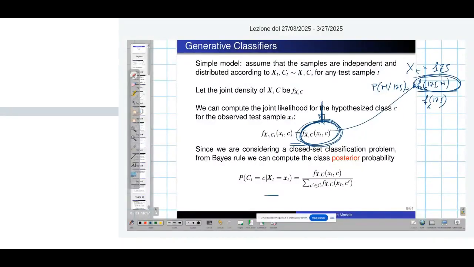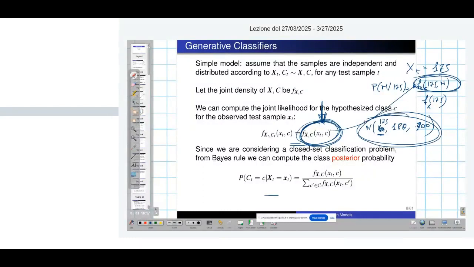But for the moment, imagine that I give you a function that says, for example, this is a normal computed at x with mean 180 and variance, let's say 900. I'm making up numbers. This is a Gaussian density that depends on the sample. Here I plug in 175.